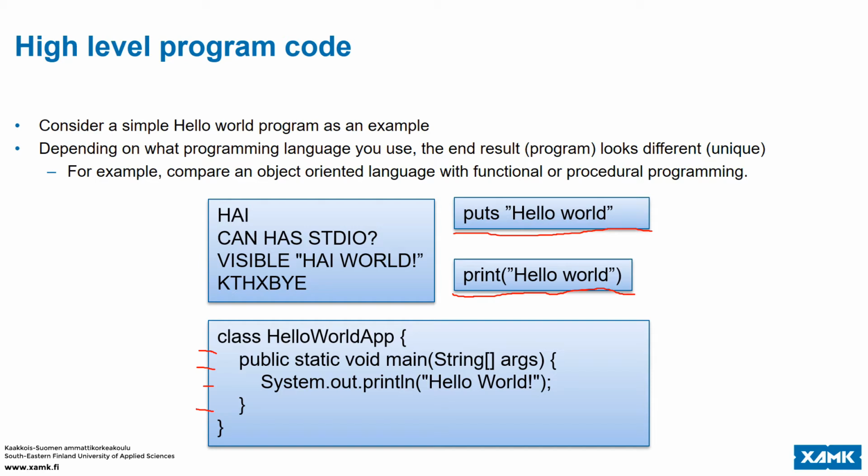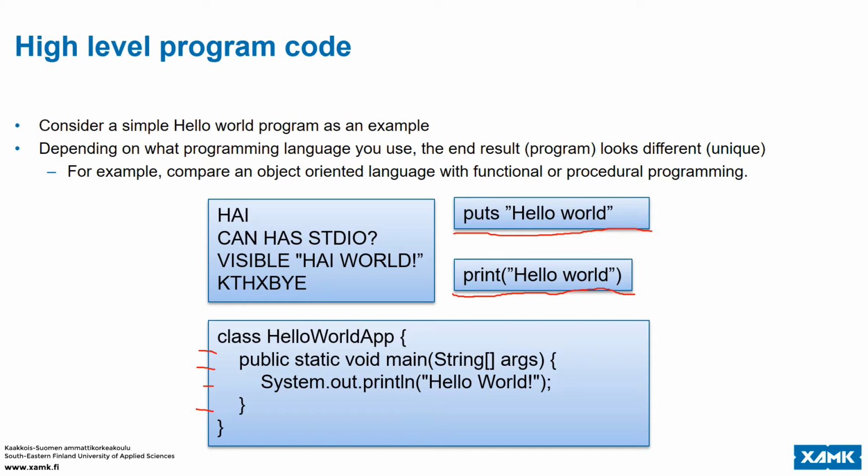And then the computer system does the rest of it, and you see the end result of your program when you run it, and you see the text hello world appear on the screen. Now, depending on what programming language you use, the result can be slightly different, but the working principle is the same. So for example, you can see differences in, say, object-oriented programming languages versus functional programming languages or procedural programming languages.